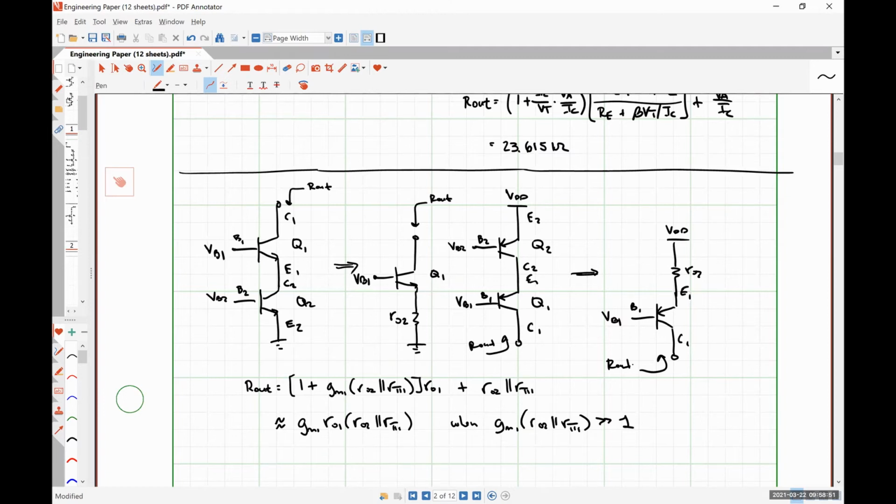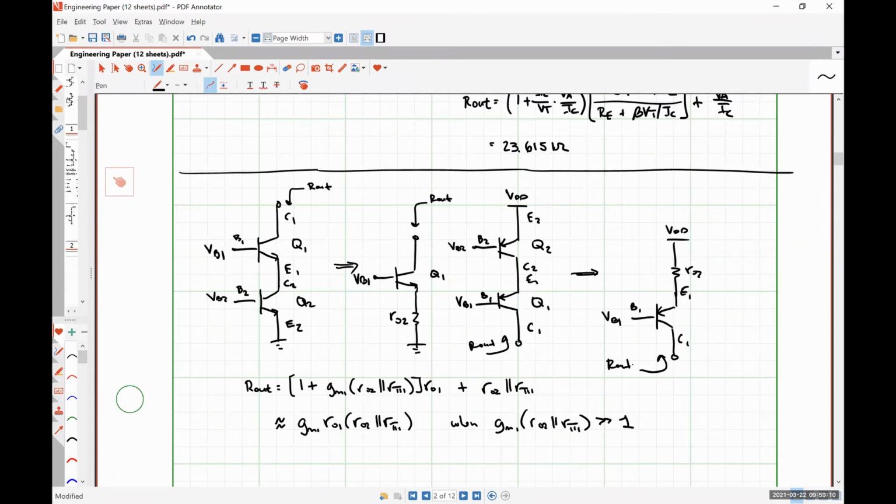So if we had the exact same beta as before, with the exact same IC flowing through it, we should expect R02 in this case to be 5,000 as well, which is going to boost our output resistance significantly.